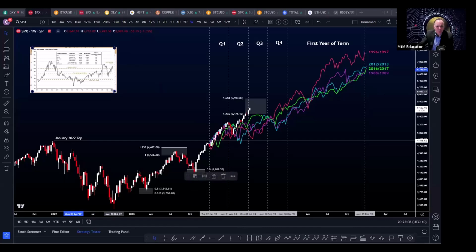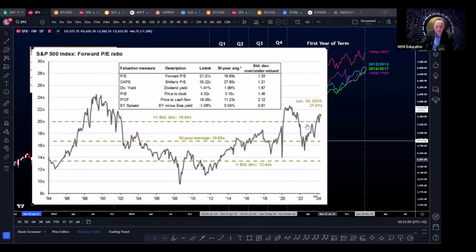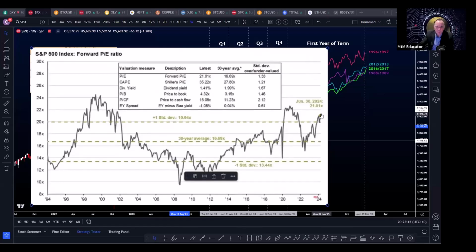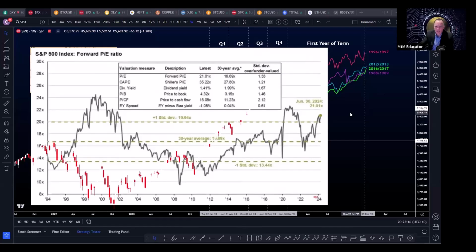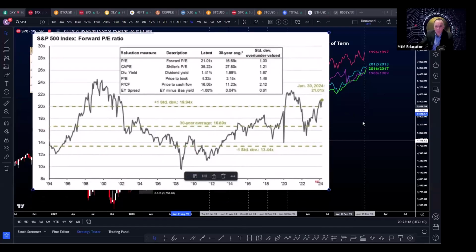When we look at the S&P 500 and a bit of stats, this is the forward PE ratio, the price to earnings ratio of companies in the S&P 500, the average. We're currently sitting at 21. Before we topped at the end of 2021, we got to 23.